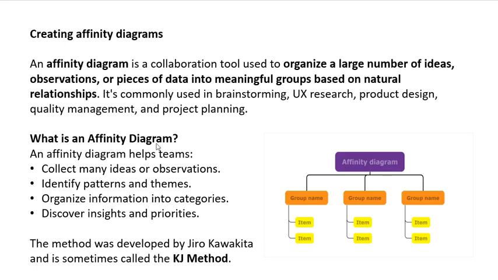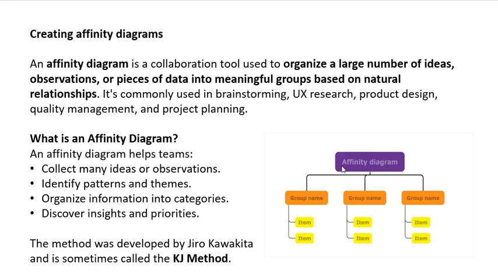What is an affinity diagram? An affinity diagram is used to collect many ideas or observations, identify patterns and themes, organize the information into categories, and discover enhancements and priorities. The method was developed by Jiro Kawakita and is sometimes called the KJ method.